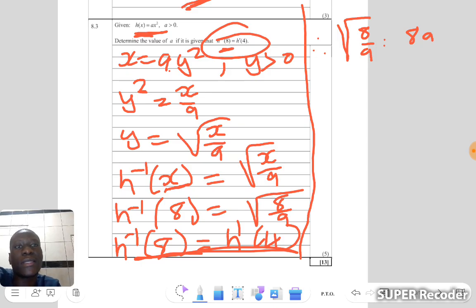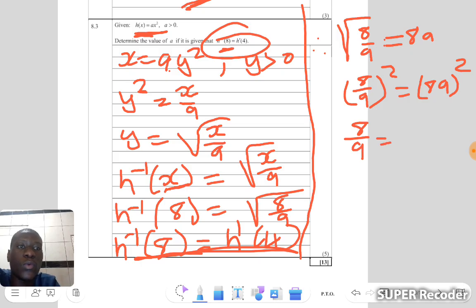If we square that, it will be 8 over a equals 8a also squared, right? Then 8a equals 64. Where is this 64 coming from? 8 squared, then a squared. All these numbers will have the squared also here, right?